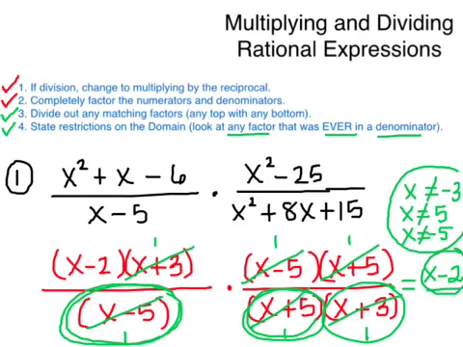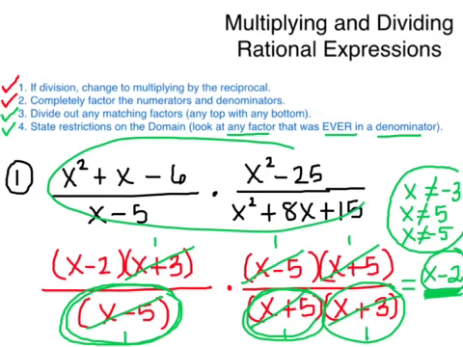So the answer to the simplification is that x minus 2 is the simplified version of this problem, but we also have to state that x is not allowed to equal negative 3, 5, or negative 5, and then this x minus 2 will be true.